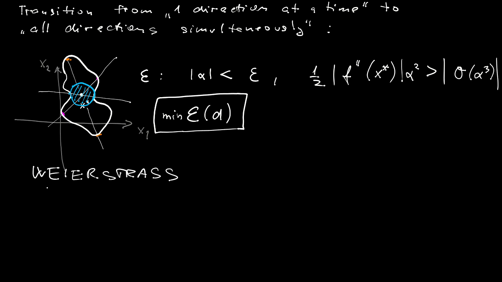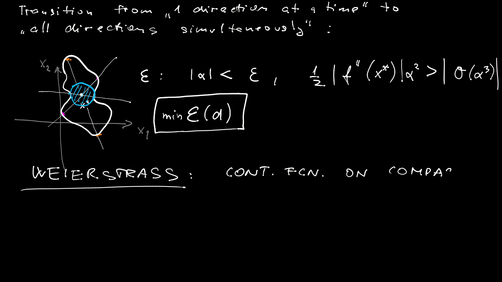There is a theorem, one of the most fundamental theorems in optimization, a theorem by Weierstrass, which tells us that if you have a continuous function on a compact set, then the minimum, and of course also the maximum, exists.